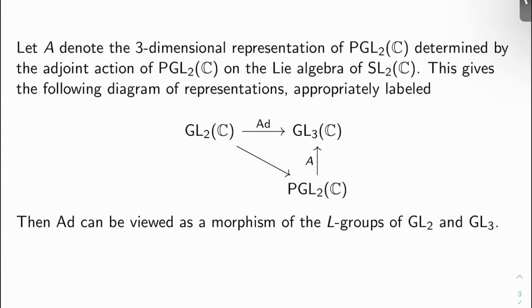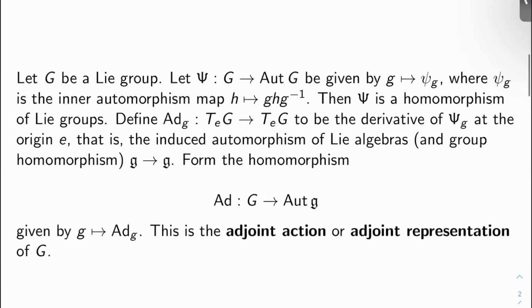Okay, now, this Ad here can actually be thought of as a morphism of the L-groups of GL2 and GL3, it turns out. Okay, that's what we're going to need to realize going into the next slide, the theorem of the symmetric square lift. Okay, so brush up on your Lie theory, make sure you understand this diagram. It all comes from this slide up here.